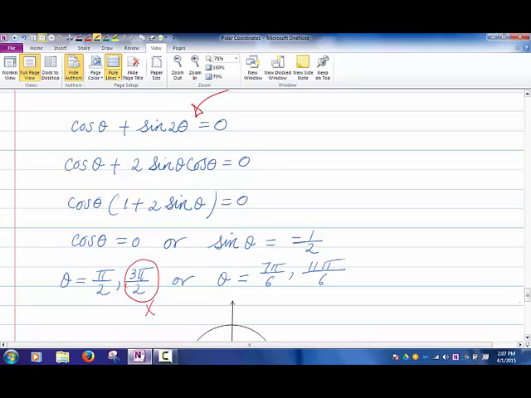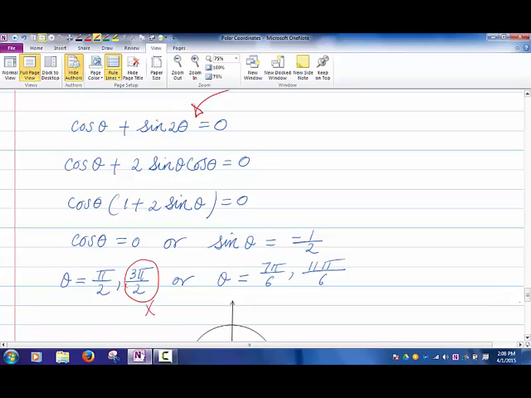So 7π/6 and 11π/6 are the angles where sine is negative half. Once again, if you were in Calc 1, in my section I gave you the unit circle with all the coordinates, and you can find it from there as well.